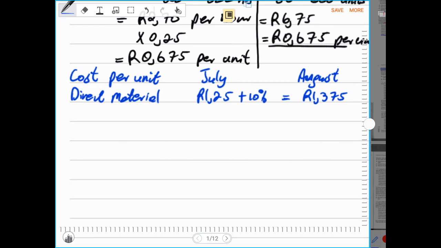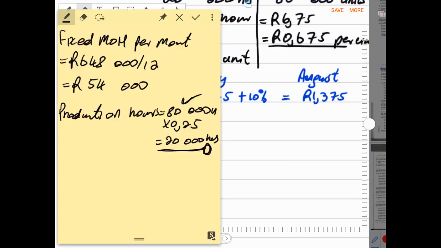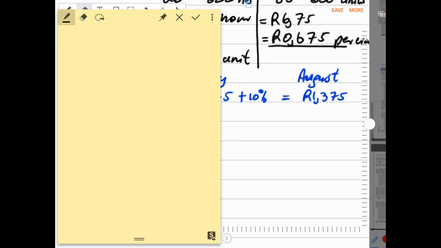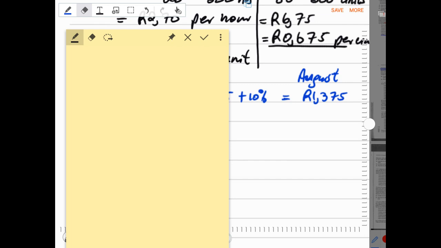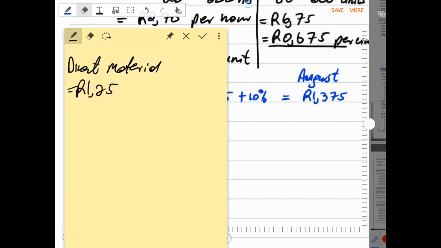At the same time, just another way of calculating this, we could have said direct material is equal to 1 rand 25 cents, which is for July per unit.